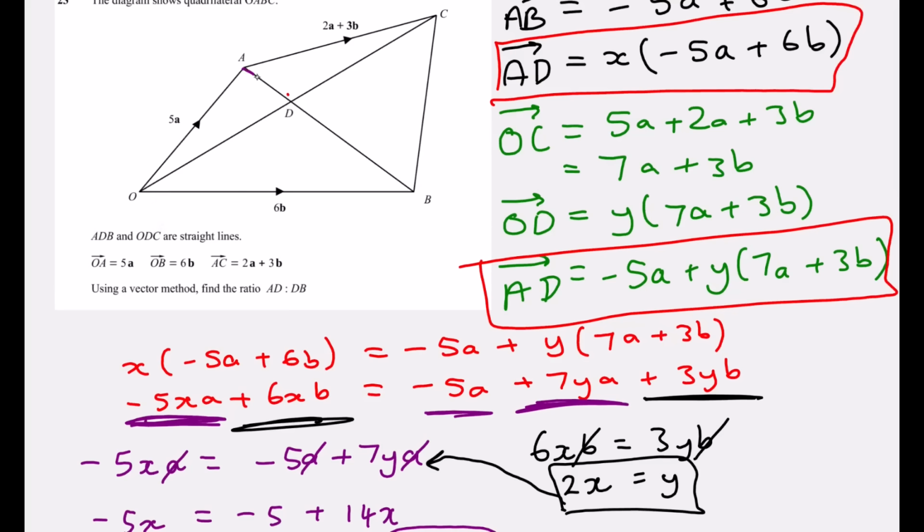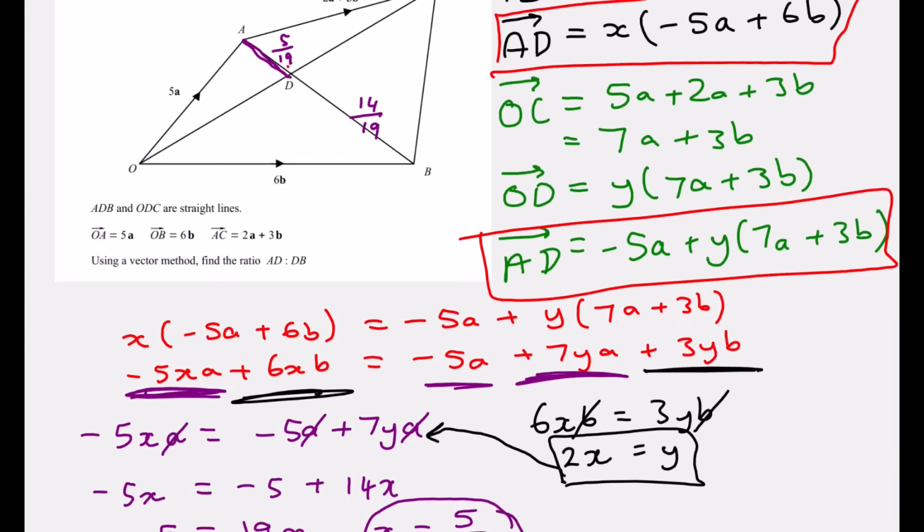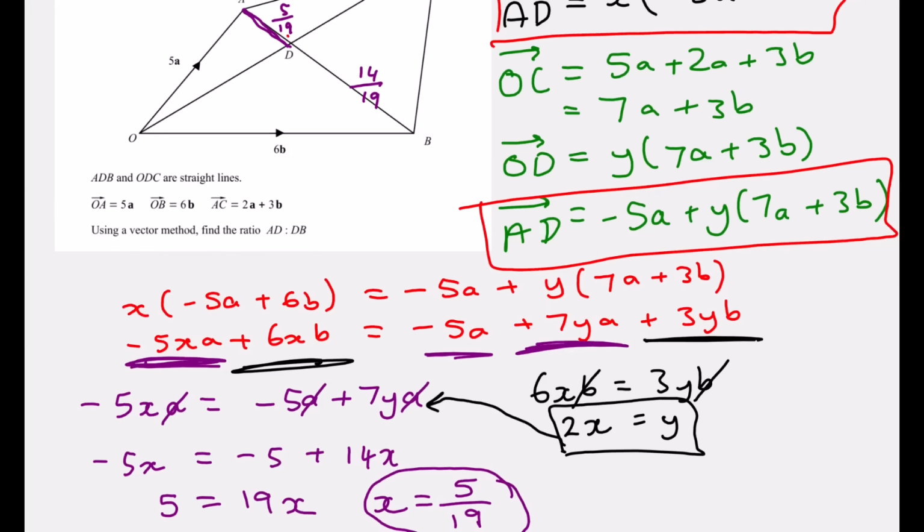So this part of the journey is 5/19 of the total journey. So if this is 5/19, the rest of it must be 14/19 because it has to add up to a whole. So what's the ratio? I could write 5/19 to 14/19, or even nicer, it's 5 to 14.